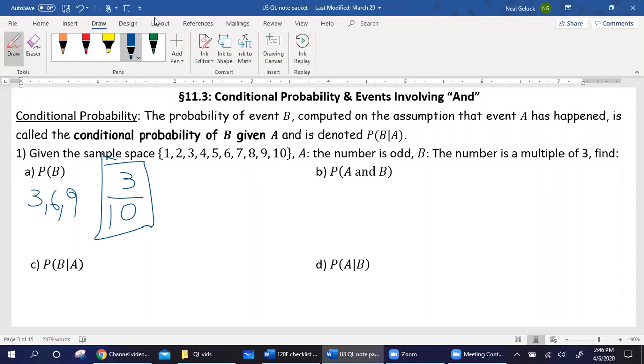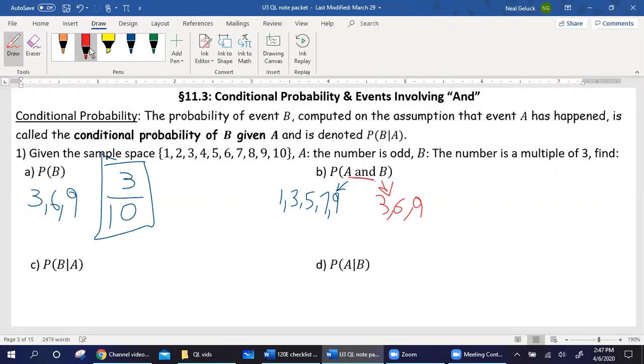For the next problem, the probability of A and B happening, that's saying that the number is odd and it's a multiple of 3. Well, if you think about it, the odd numbers in this set are 1, 3, 5, 7, and 9. Again, the multiples of 3 are 3, 6, and 9.